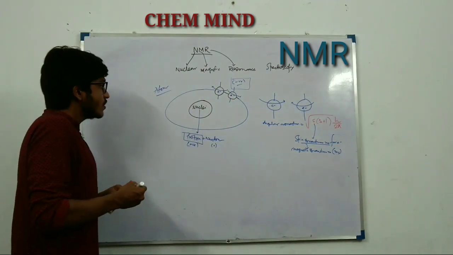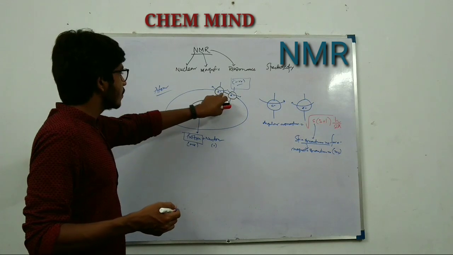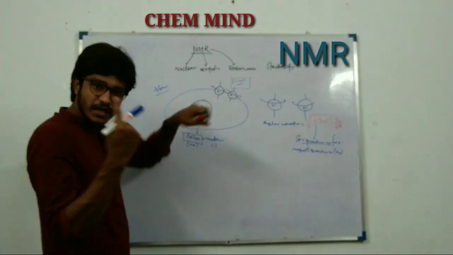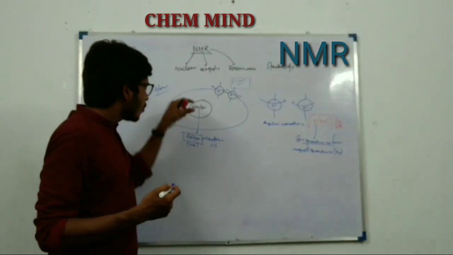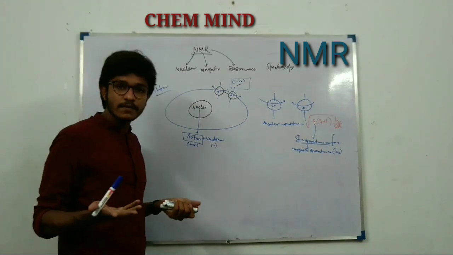Fine. So if this electron is rotating or spinning on its particular position, why not the nucleus rotating?